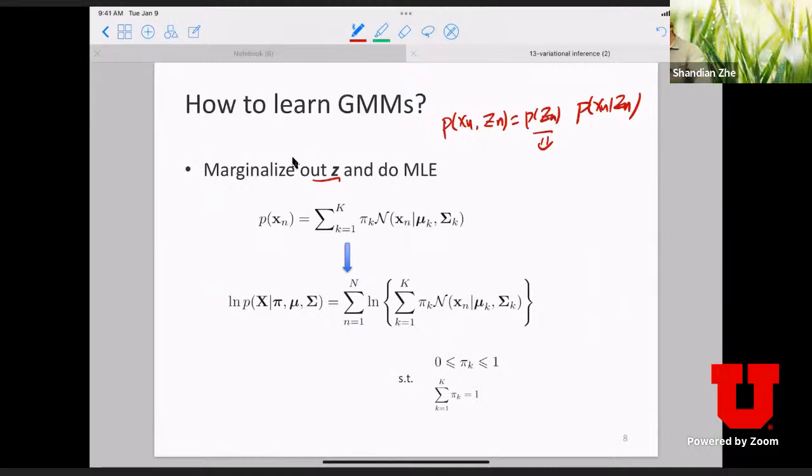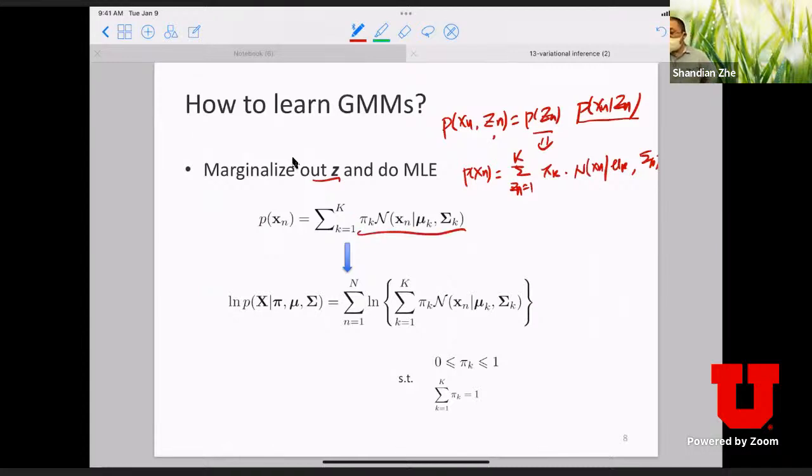So we can simply marginalize out Zn. We can get a marginal distribution of each data point, summing Zn from 1 to k: pi k times a cluster specific Gaussian. Cluster k is just associated with mu k and sigma k. This is exactly the form we listed here.